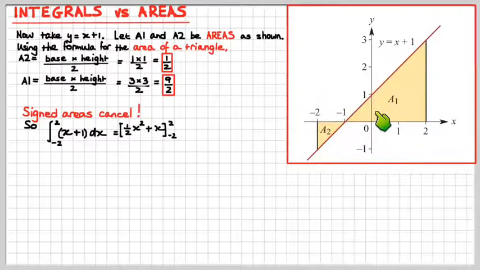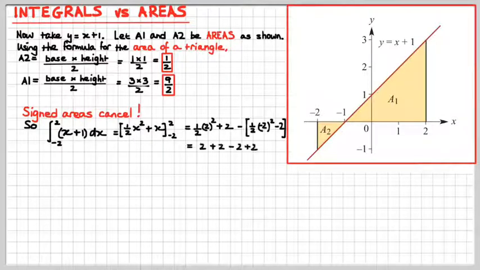This will be a positive integral, and it'll be positive 4.5, so that the net result of working out the integral in one operation from minus 2 up to plus 2, you won't get 4.5 plus a half being the actual unsigned area of 5. You will get 4.5 minus a half, which will come out to be 4.